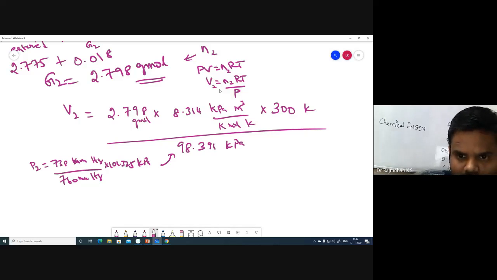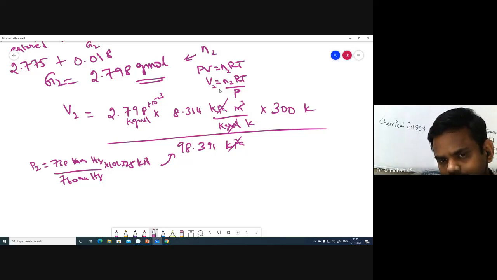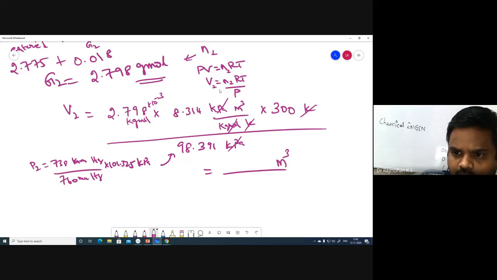Okay, so kilopascal gets cancelled, gram mole is there, convert to kg mole by multiplying by 10 power minus 3 kg mole. So Kelvin gets cancelled. So what you get is volume in meter cube.